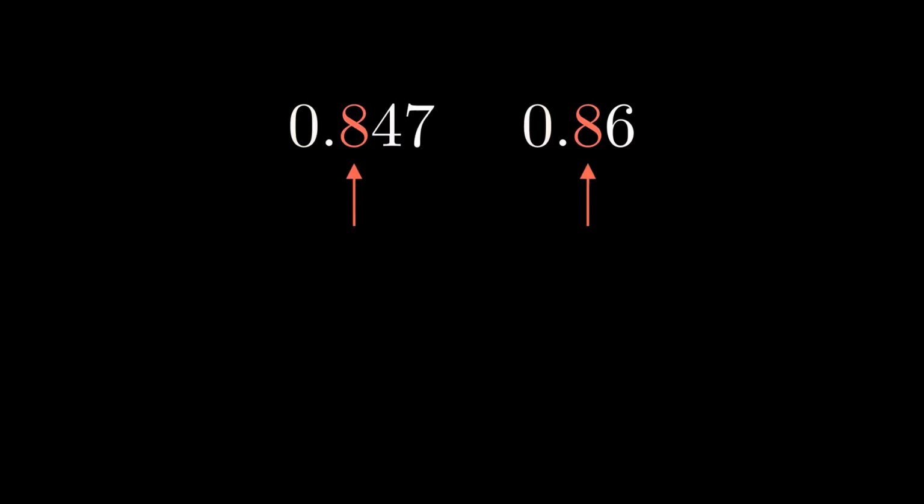So right now, it's all the same. Then you move across to the hundredths place, and you see that, well, the 6 is bigger than the 4, and that's enough to tell straight away that this decimal 0.86 is bigger. Remember, we can use this symbol to say that 0.847 is less than 0.86. That's what that symbol means.